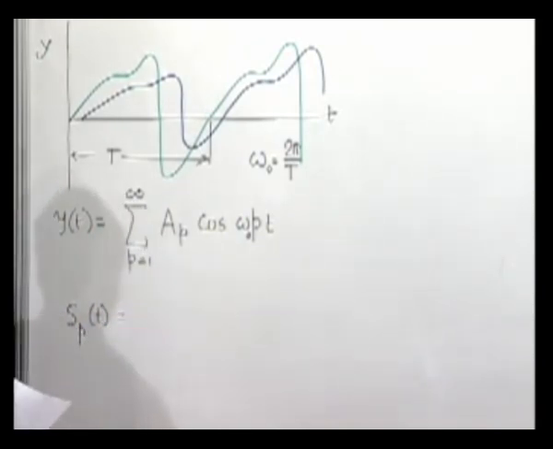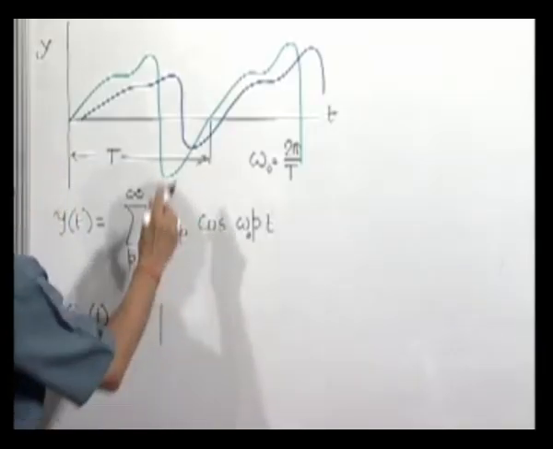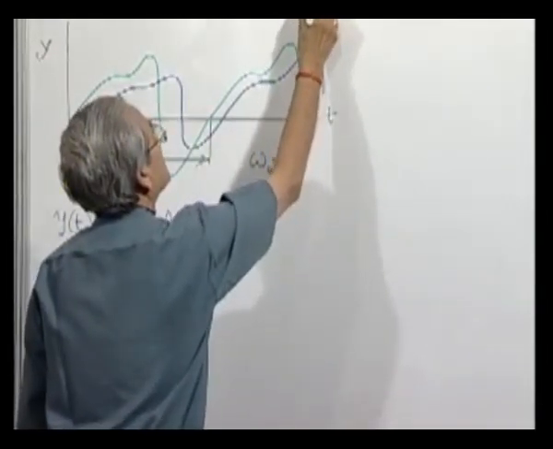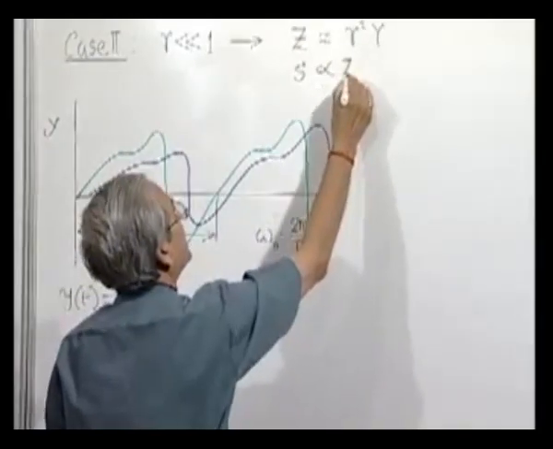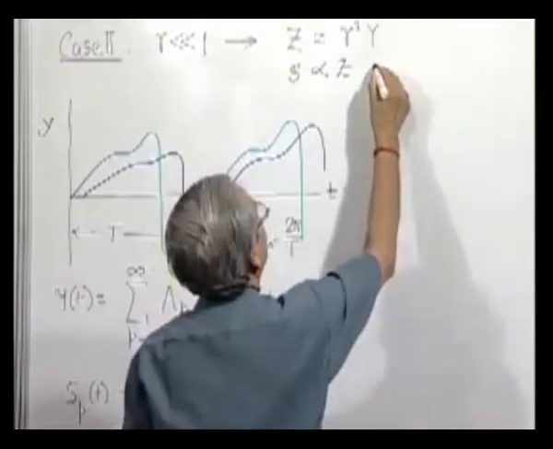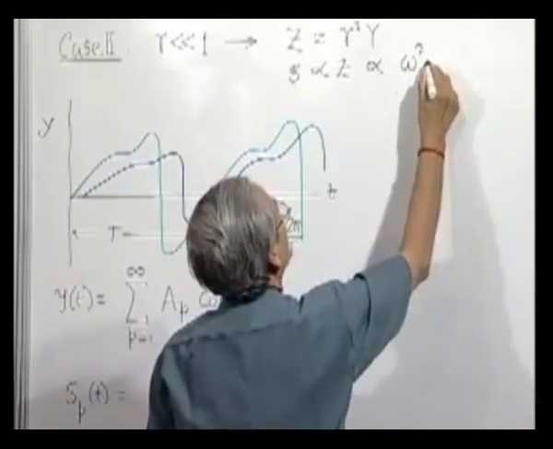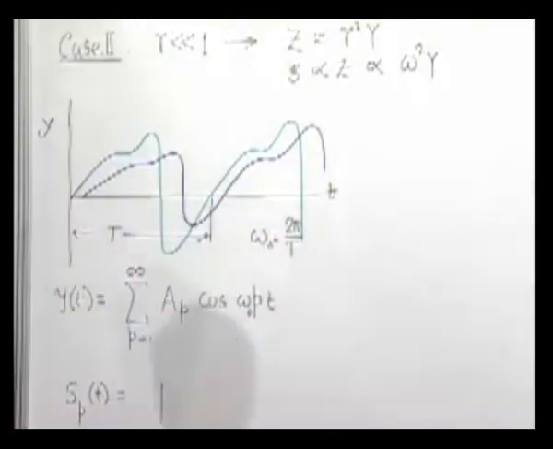So therefore the signal for the pth harmonic will be, this signal is proportional to z, that means proportional to omega square Y. Omega for the pth harmonic is p omega 0.